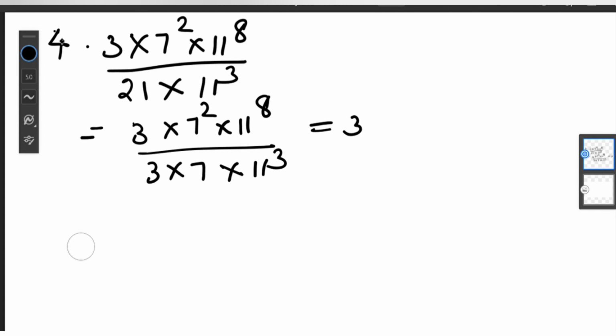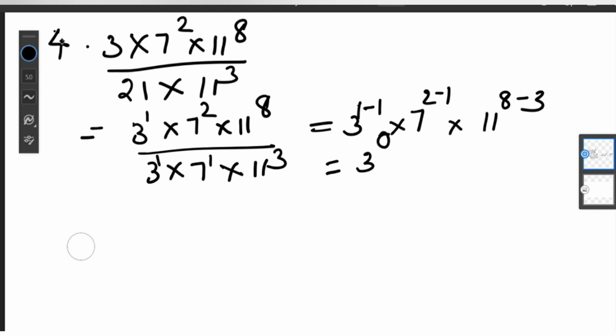So if you are simplifying a to the power m by a to the power n: 3 means here it is 3 to the power 1, here also 3 to the power 1. So 1 minus 1, and here 7 means actually 7 to the power 1. So 7 to the power 2 minus 1 into 11 to the power 8 minus 3.